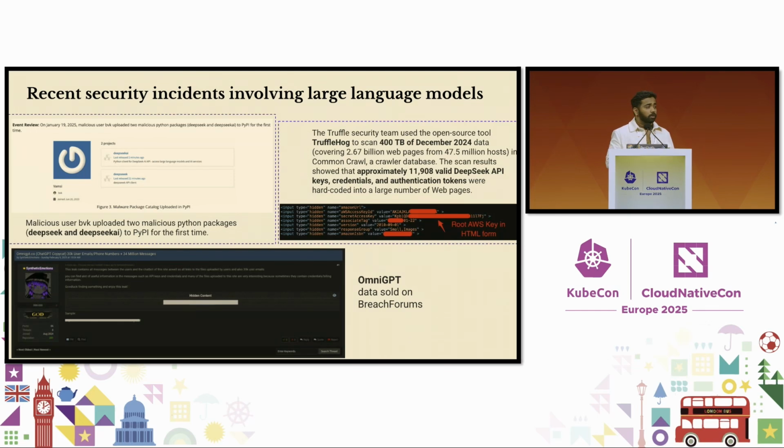Similarly, what can be worse, right? Malicious actors uploaded fake DeepSeek packages on Python, naming them DeepSeek and DeepSeek AI. A lot of people downloaded them, and it resulted in AWS environment variables, AWS credentials and database access tokens becoming available to everyone, so they can use them in different ways.